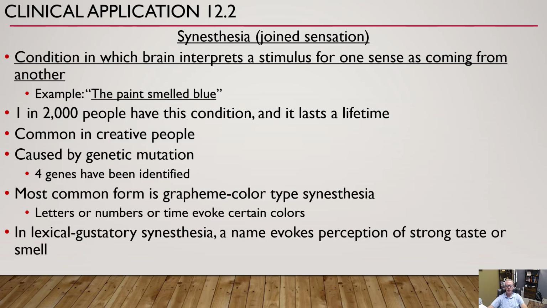So synesthesia is basically when your senses kind of get mixed up. It's a condition where your brain interprets a stimulus from one sense as coming from another. So an example here, the paint smelled blue. Obviously, a paint can't smell like a color. It's actually caused by a genetic mutation. These people are usually higher on the smart scale. They're very common in creative people.